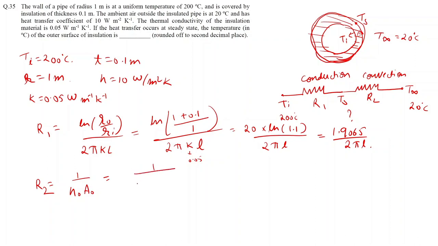Here h naught we have been given as 10 into 2 pi, the external radius is 1.1, into L. This will become 1 upon 11 into 2 pi L. Now we have R1 and R2.